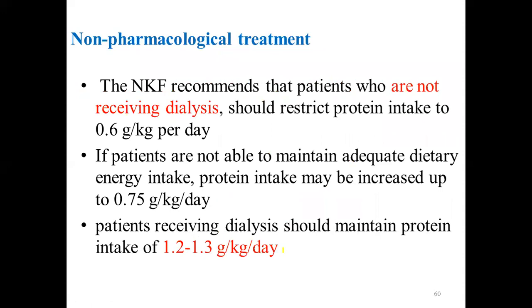According to the National Kidney Foundation, patients who are not receiving dialysis need to restrict to at least 0.6 gram per kg per day. But the problem is, is it really possible to know our daily intake of protein in our setting? Do you know our daily intake of protein in terms of grams?